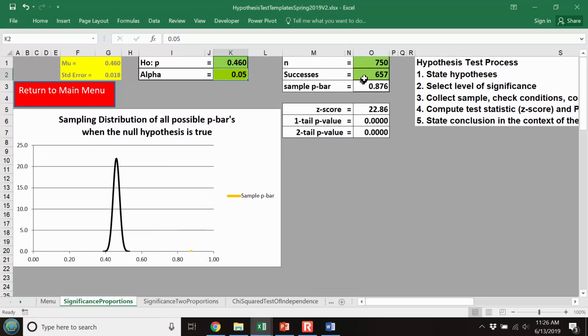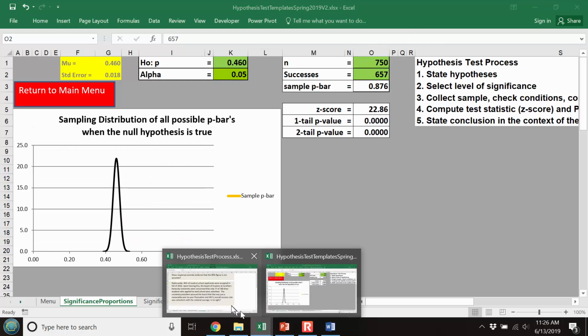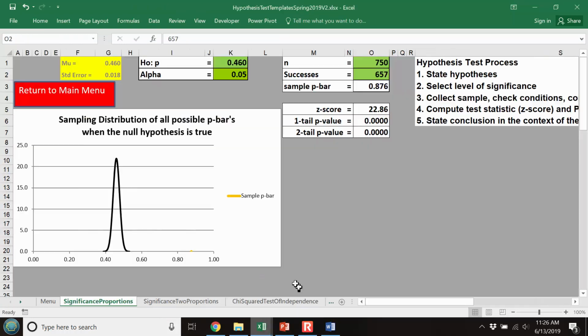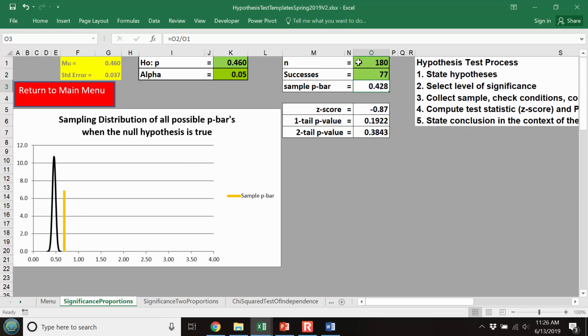Our sample size and our successes, we have to go back and look. 180 was the sample size. 77 were the yes, were accepted, so those are successes. Sample size 180, 77. So 42.8% of their students were accepted in medical school who applied.